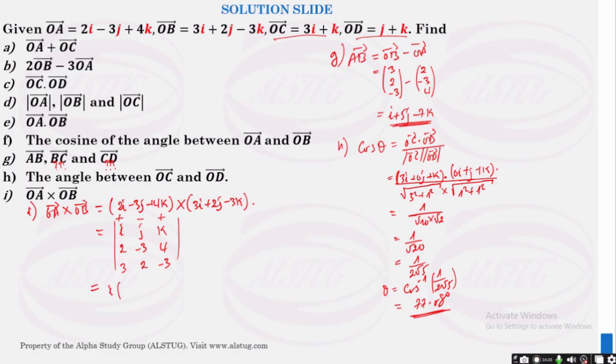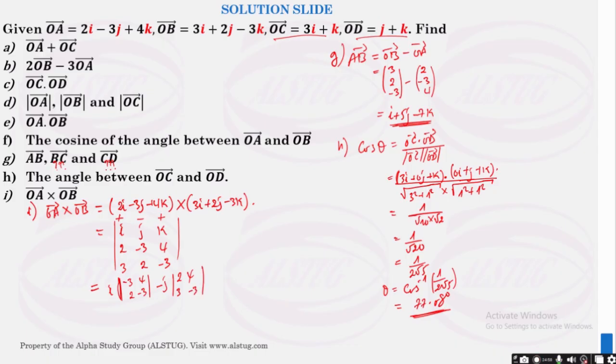So if you strike out everything that is linked to i, vertically and horizontally, you'll be left with 3, negative 3, 4, 2, negative 3. Then you have minus j. If you strike out everything that has to do with j, horizontally and vertically, I have 2, 4 left, and then 3, negative 3.